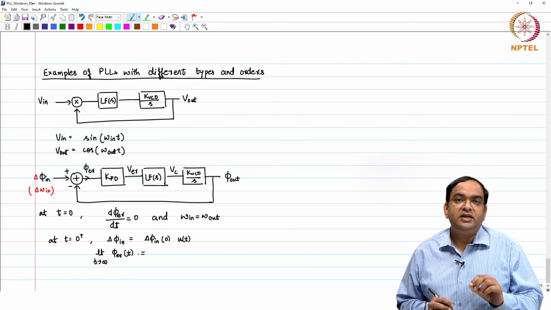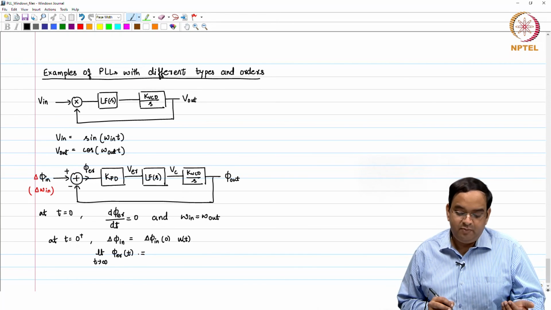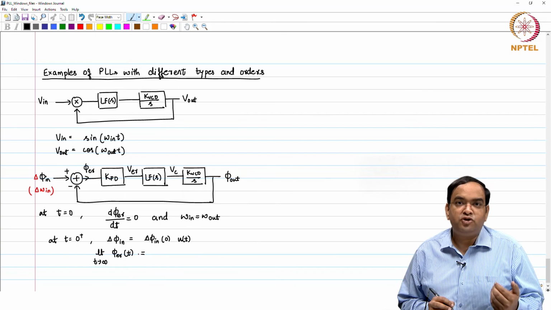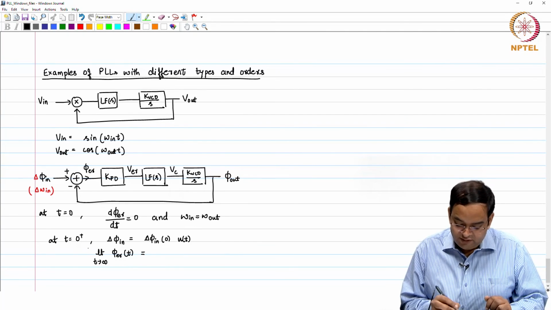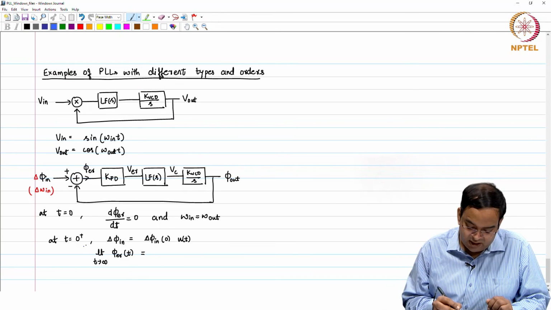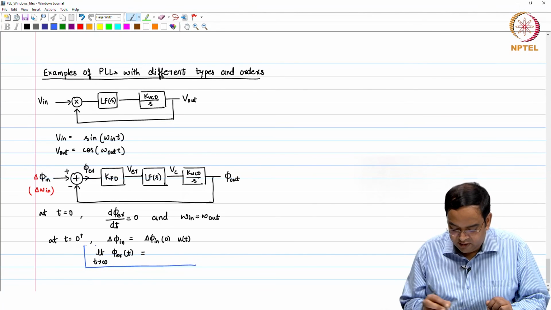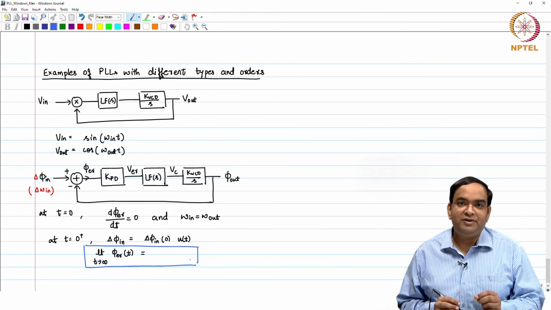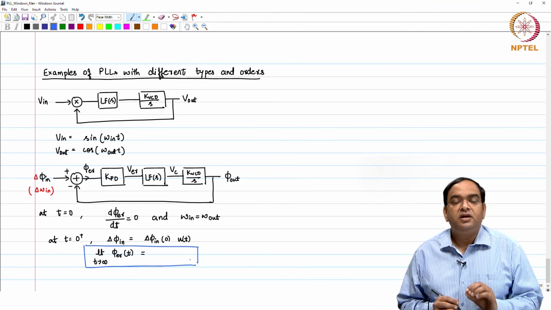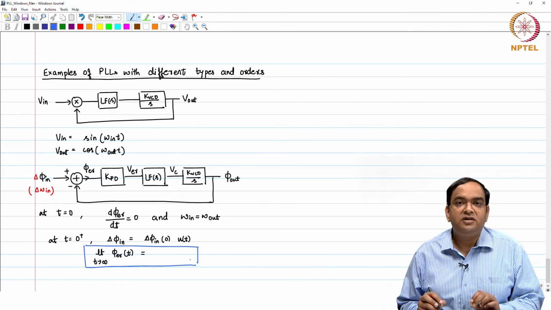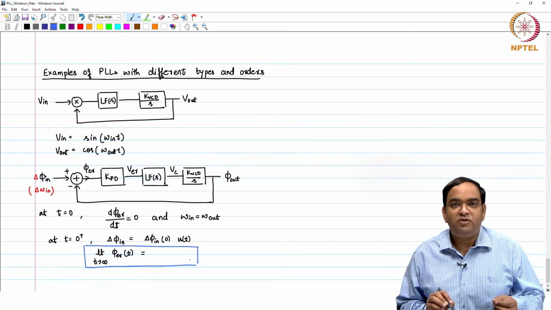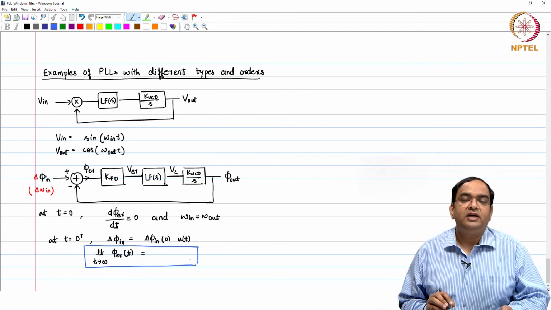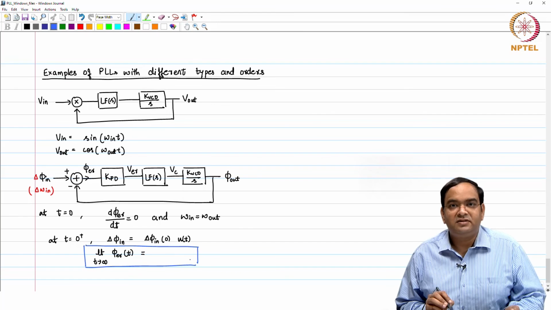Because in steady state, or as time t tends to infinity, the phase error should not change if the PLL is locked. So, this is the thing which we are looking at. If phase error as t tends to infinity is some fixed value, then the PLL will be considered to be in lock. If this value tends to infinity, then the phase error increases with respect to time, it is not locked.